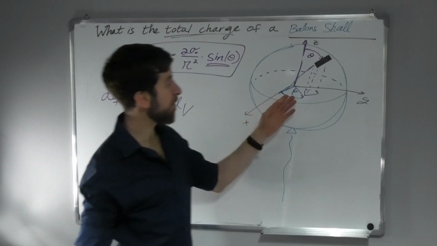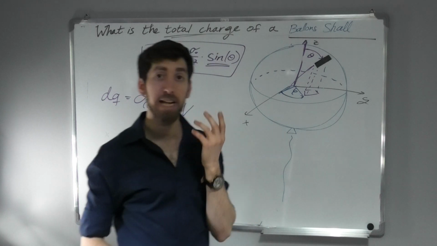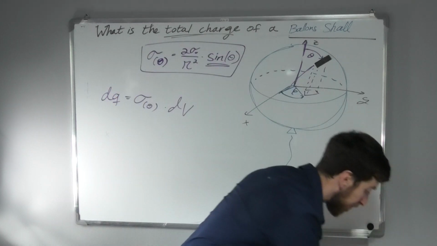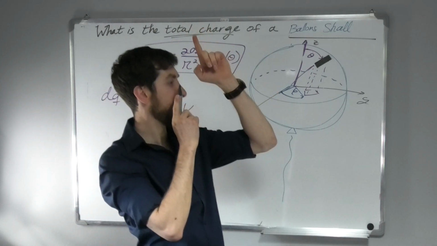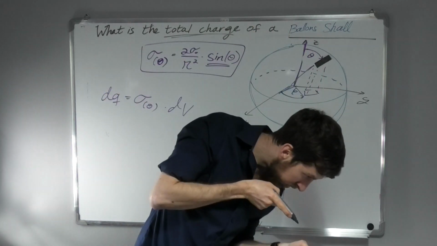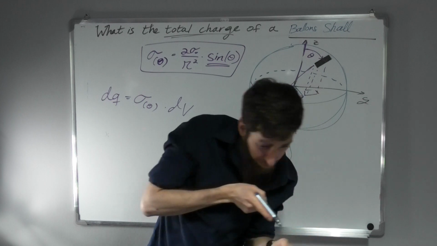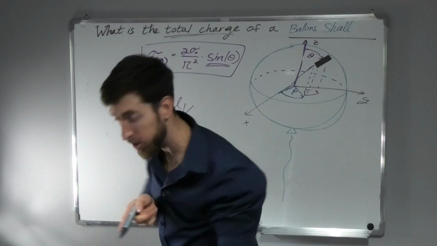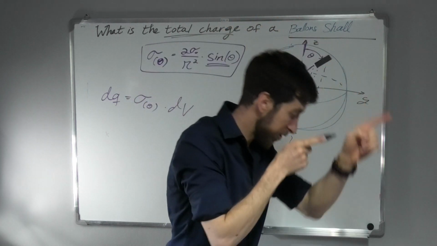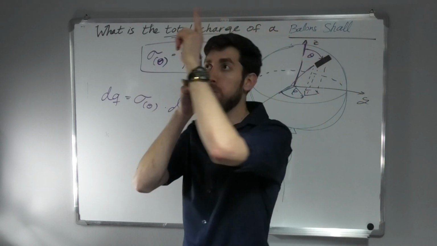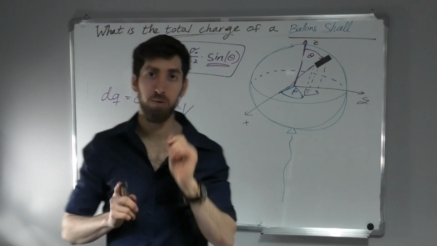Okay, so I look at it like a sniper shooter. I imagine somebody with a sniper gun, and he decides how much theta to go down, and then if you want to turn around, you use phi. So that's the idea. You have this theta, which is going down, and you have this phi, which says where to go around. It's really important.